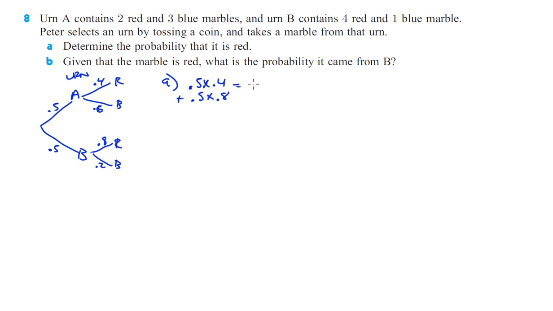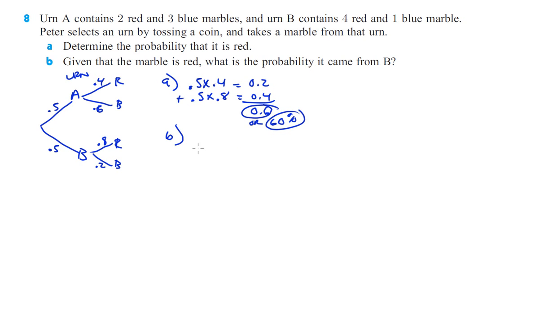So 0.5 times 0.4 is 0.2. 0.5 times 0.8 is 0.4. Add those together and we get 0.6, or 60%. Either one of those is fine. The book actually just left it as a fraction because they did 1/2, and then they did these in fractions instead of decimals, but this is just fine.